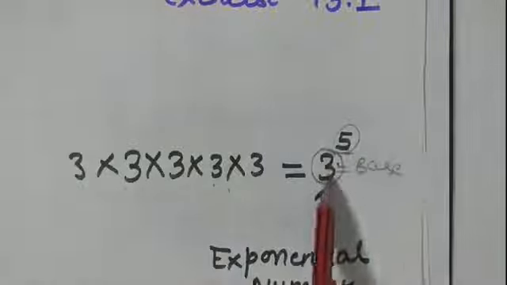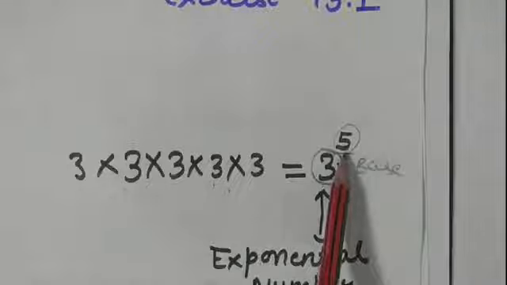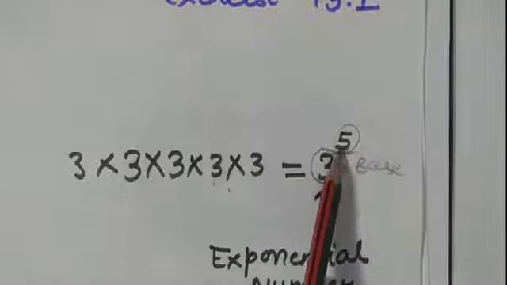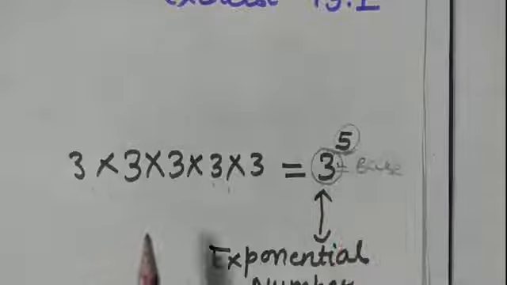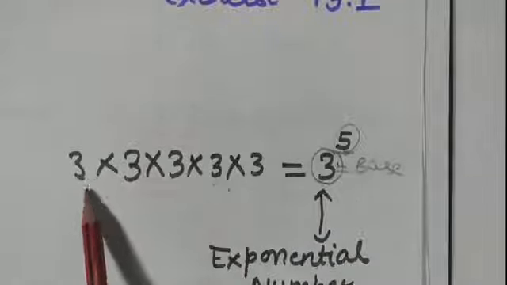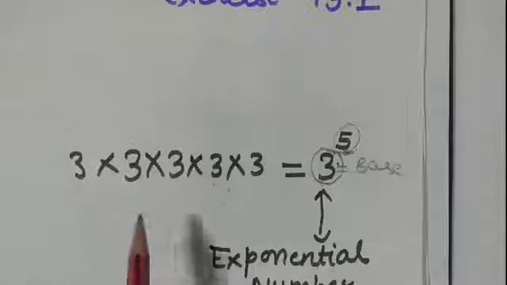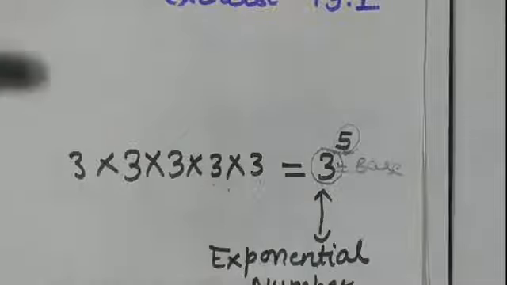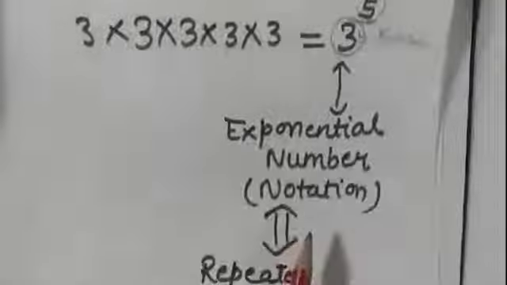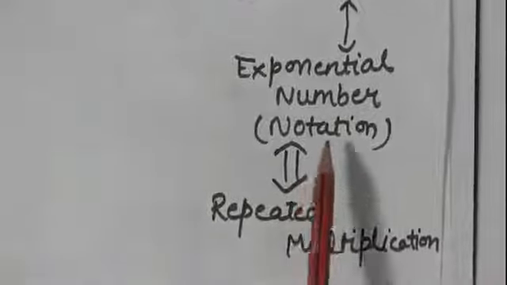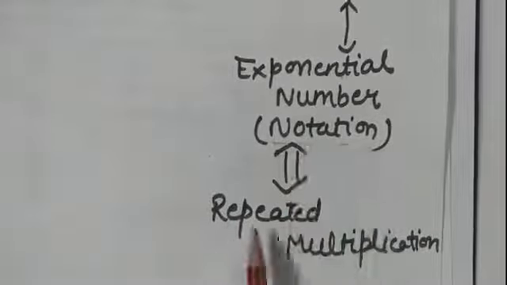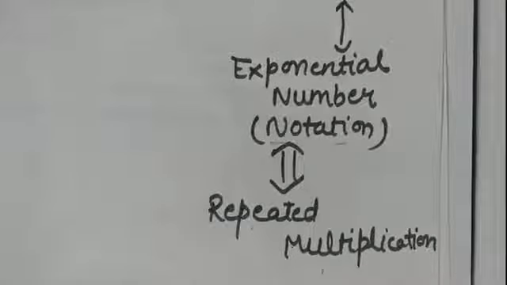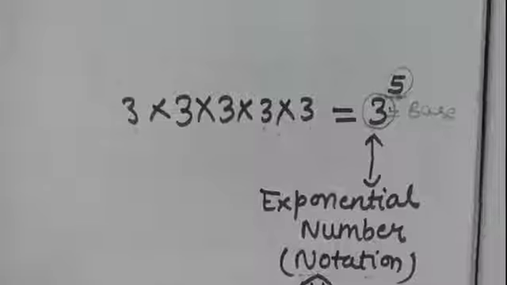So here 3 is the base and 5 is known as the exponent, or power, or index. So exponential number, or notation, means repeated multiplication of a number. This we have learned in lecture number 1.